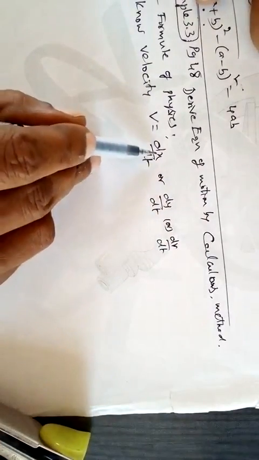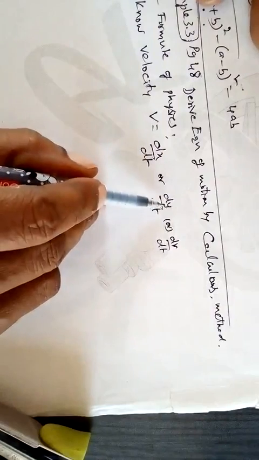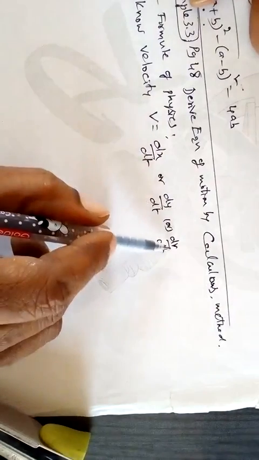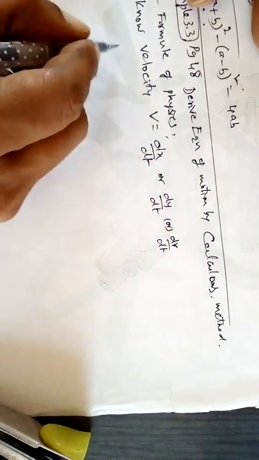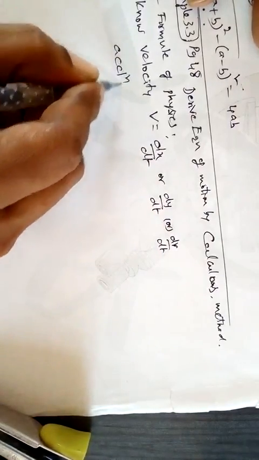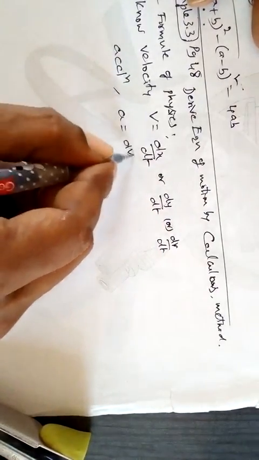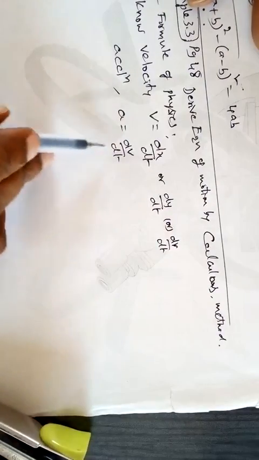If the body is moving in the x direction, dx by dt; in the y direction, dy by dt; if the body is in space, in 3 dimensions, dr by dt. Next, acceleration a is equal to dv by dt, the rate of change of velocity.